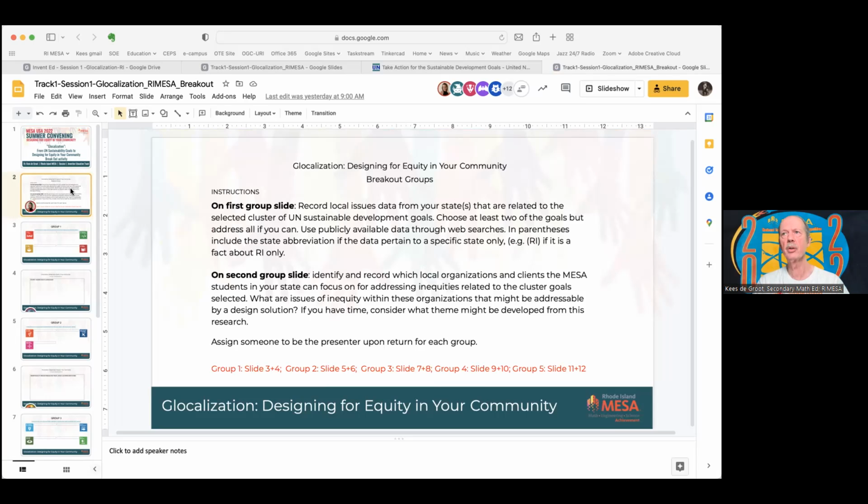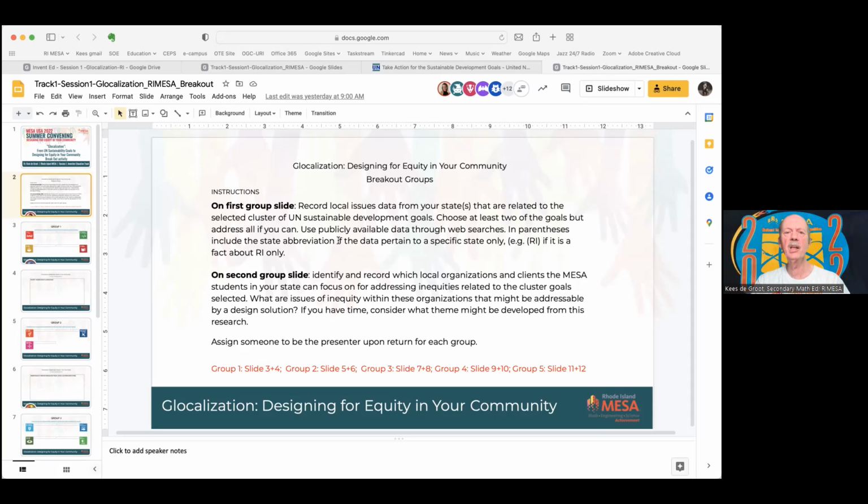You can pick 1 or 2 of those, or you can decide, depending on the size of your group, to split out, to say, well, you 2 are going to look at this, and you 2 are going to look at the other goal, and so on. You can decide that within your group, whatever has your interest, but use publicly available data through web searches.